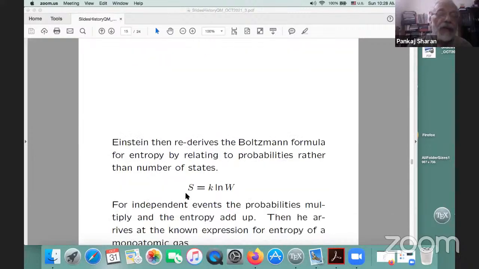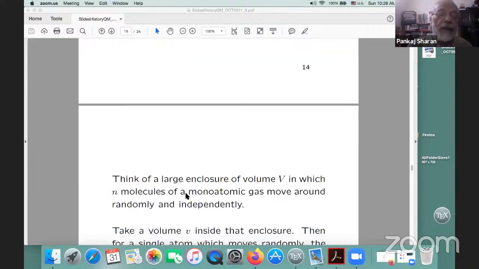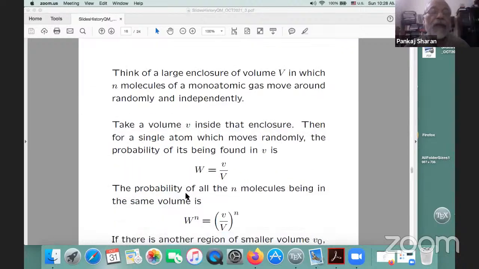Now, let's look at the case of a large enclosure with a volume V in which small n molecules of a monatomic gas move around randomly and independently. So let's compare the formula that we have already obtained for entropy of radiation with the entropy of a number of point particles or molecules or atoms moving around in a large enclosure.